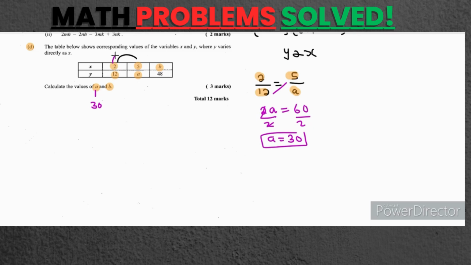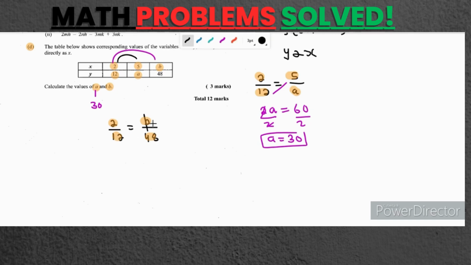Then we do the same process for the first and the third column, right? So I will write it here. 2 over 12 will be equal to b over 48, right? Again we will use cross multiplication, 12 times b and 2 times 48.